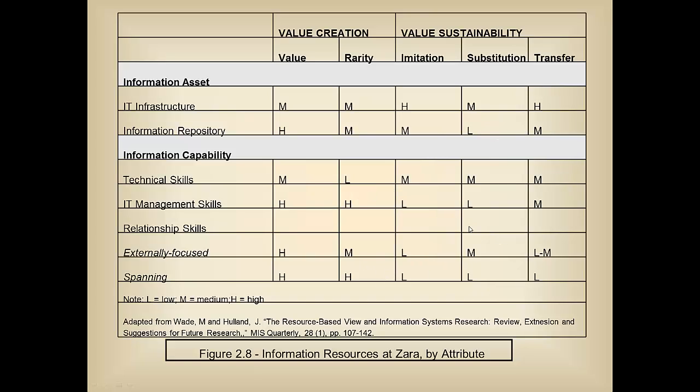But if we take a look at this heat map, spanning IT management skills are really the strength here. And this is under our information capabilities. Remember, we had IT assets and IT capabilities. These are the categories for information resources. So under information capabilities, we've got our IT management skills.